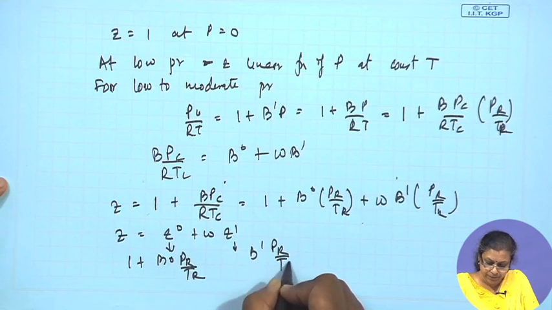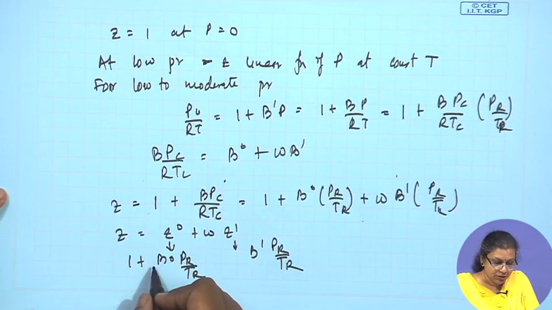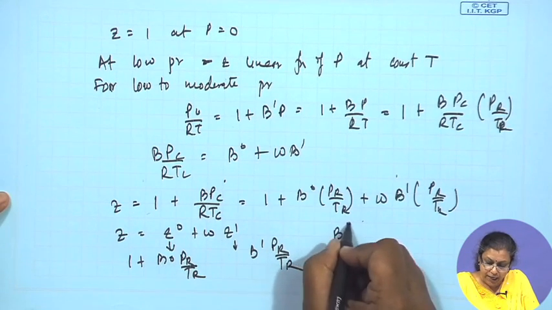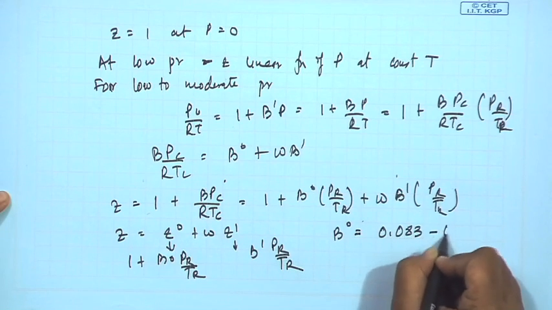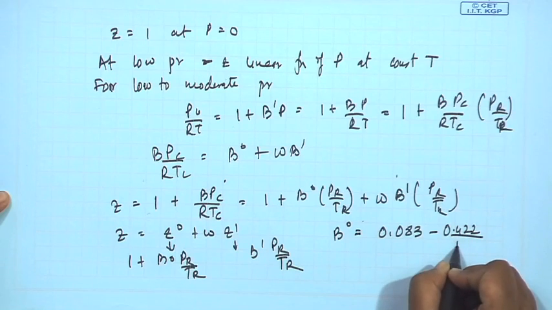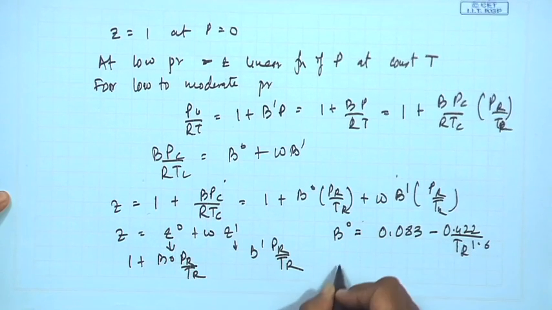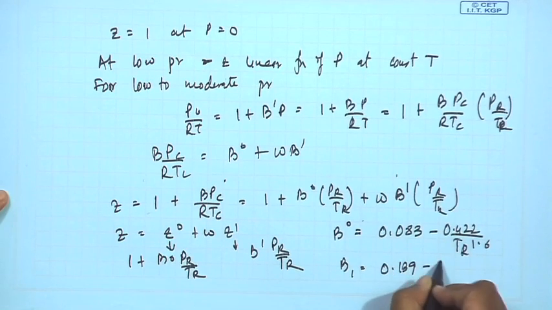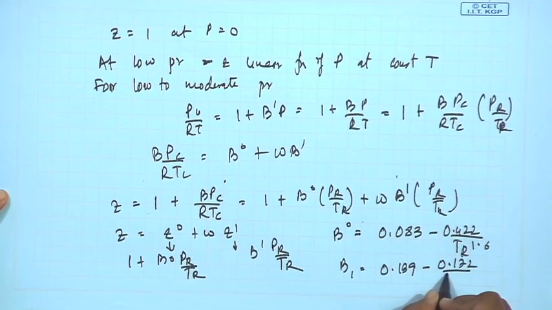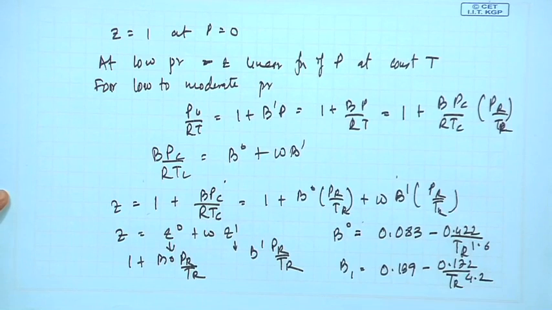And from here we can also deduce that B0 can be obtained as 0.083 minus 0.422 by Tr to the power 1.6, and B1 can be obtained as 0.139 minus 0.172 by Tr to the power 4.2.